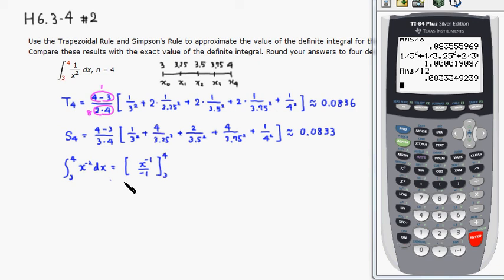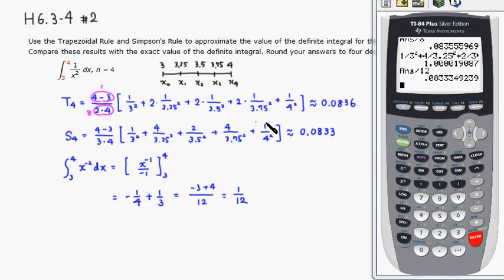If you plug in, you get negative 1 over 4, minus, with a negative sign, plus 1 over 3. The common denominator is 12, so negative 3 and positive 4. So that is 1 over 12, the actual value.